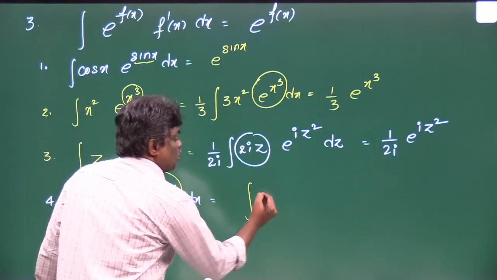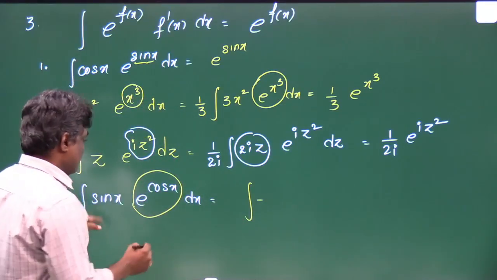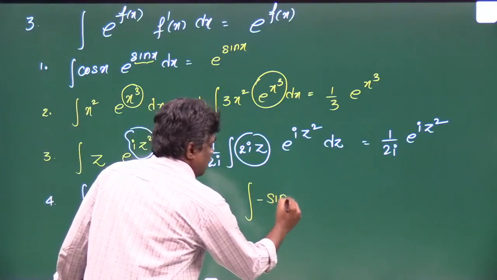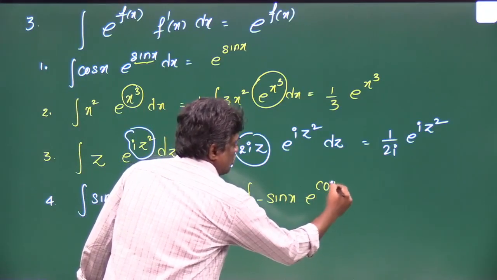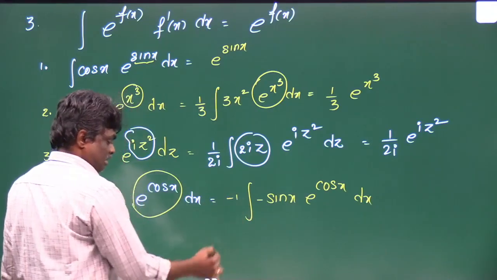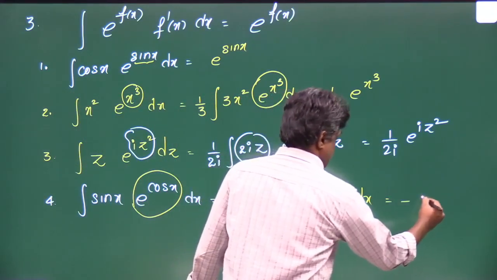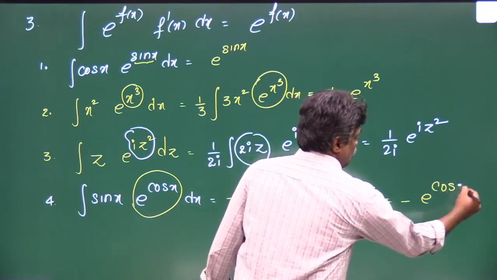First write whatever you want, but it should be a constant. You cannot write a variable, it should be a constant. Minus sin x e raised to cos x dx. But you have written minus extra, that's why one more minus outside. So this is nothing but minus e raised to cos x.